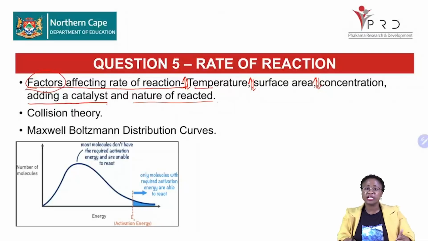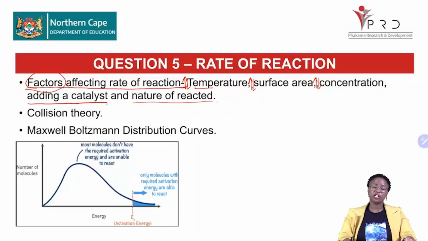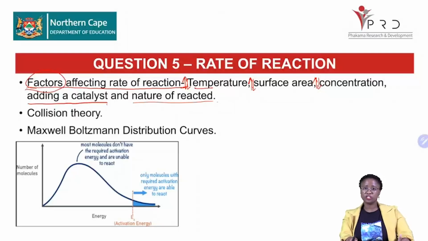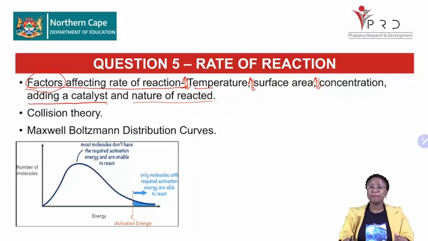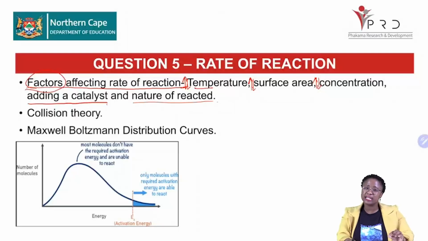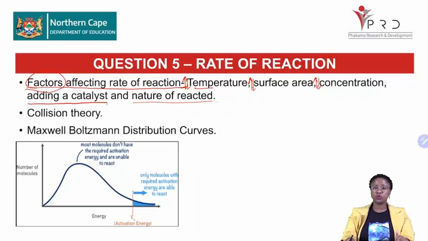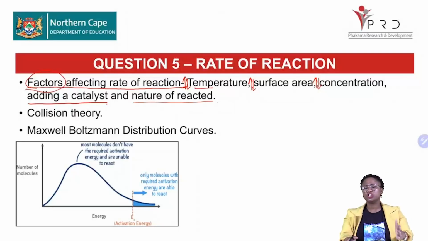We know that if we increase temperature, the rate of reaction will be faster. But if we decrease the temperature, the rate of reaction will be slower. And remember, increasing temperature is an exothermic reaction, while decreasing temperature is an endothermic reaction. And remember, exo and endo in terms of change in enthalpy.